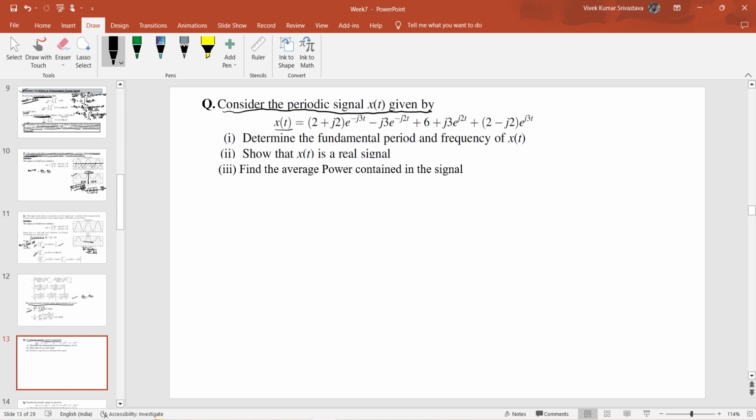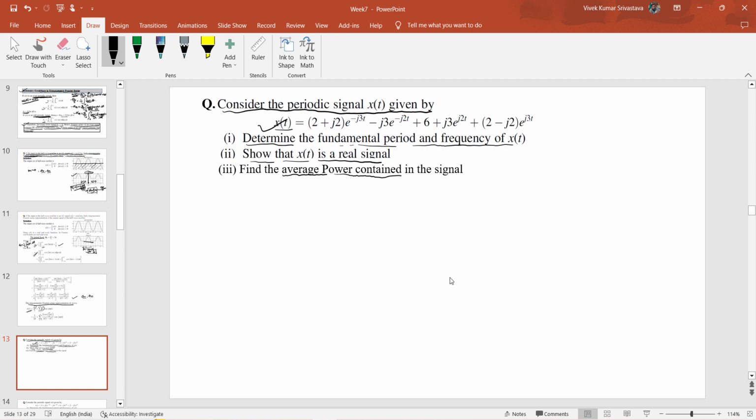Corresponding to this signal x of t, we have to determine the fundamental period and the frequency of x of t. The second sub-problem is to show whether x of t is a real signal or not, and the third is to evaluate the average power contained in the signal.